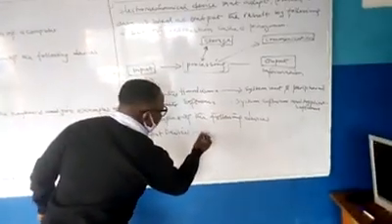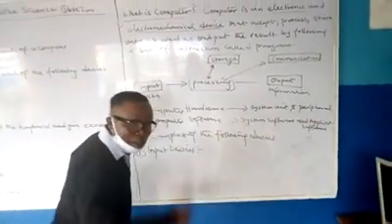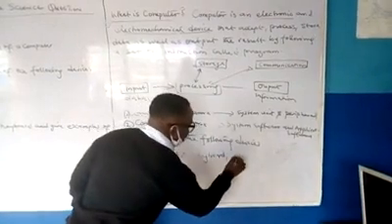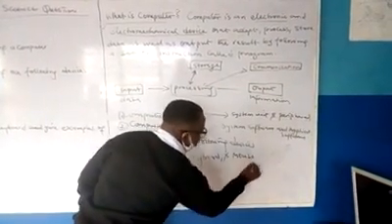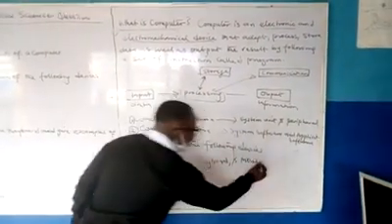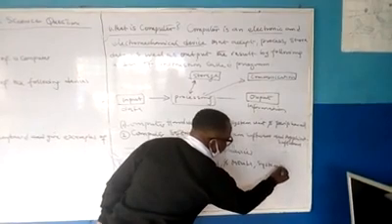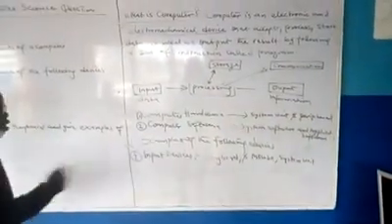For example, you say keyboard and mouse. You can still add a system unit or joystick. Many of them, there are very many. But the question says example, you just give two.